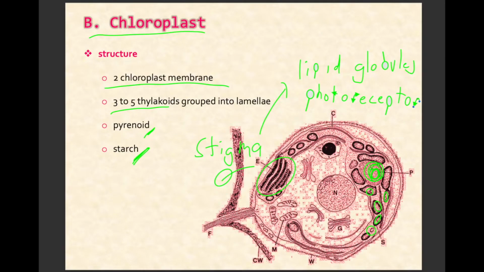Your photoreceptor is often a rhodopsin molecule or some other form of rhodopsin molecules. But yeah, those are your stigma, your pyrenoid, and the starch molecules inside your chloroplast. Again, in terms of structure, that is what we can see in your chlorophytes.